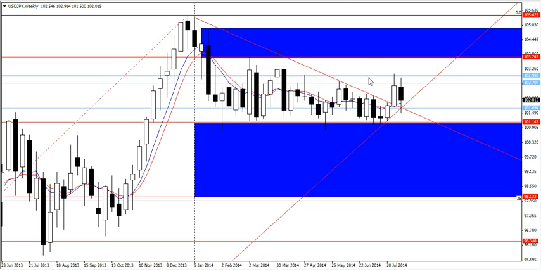It's just a little channel that took place, and we've got a cross between these two trend lines too, which we touched this week and rebounded from shortly.